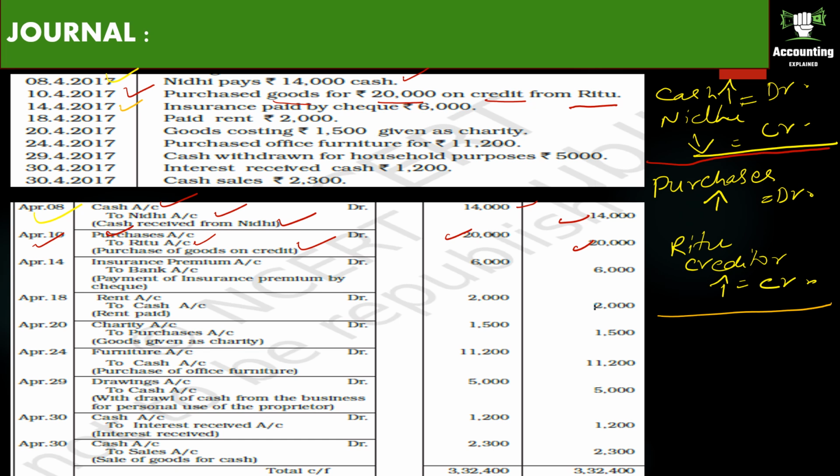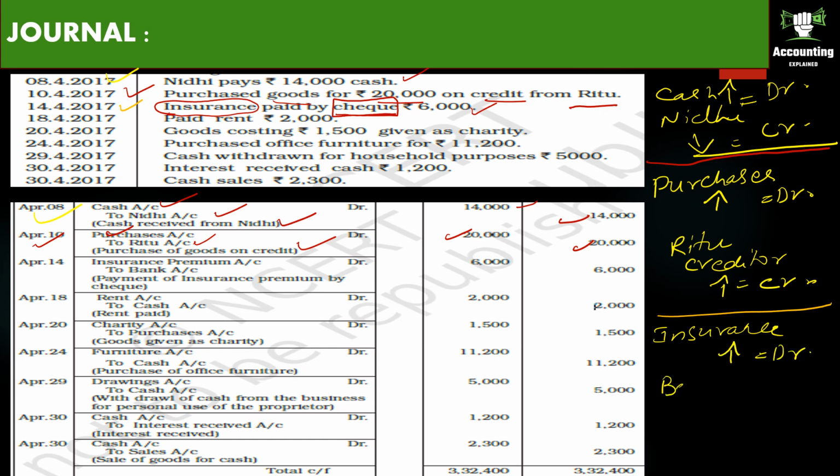14/4/2017. Okay, insurance paid by check for rupees 6,000. So they have clearly told they have paid by check. This is insurance premium, which we pay every year. So by check means again we are going to pay by bank. So when insurance premium is paid, what will happen? Your expense increases, so it has to be debited.